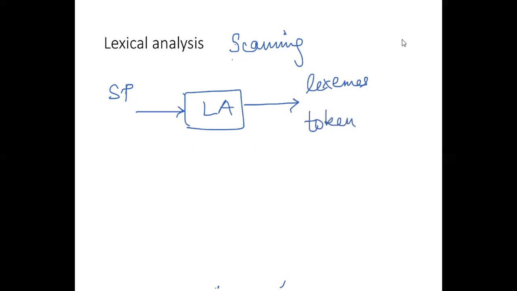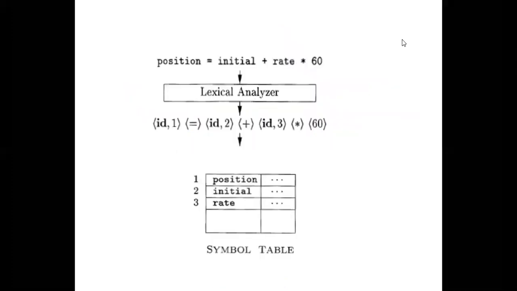So let me explain this with an example. I think I have an example in the next slide. Here you can see a string. This is a statement of your high-level language program: position = initial + rate * 60.